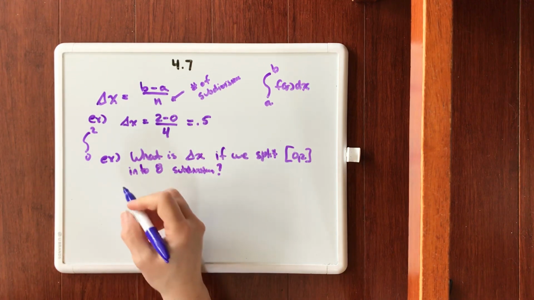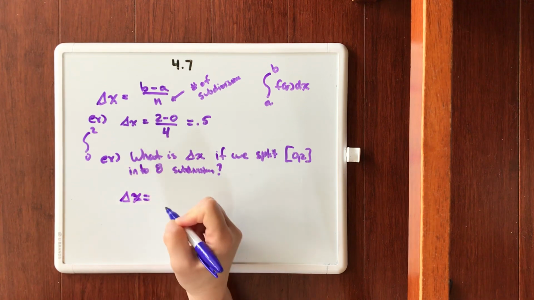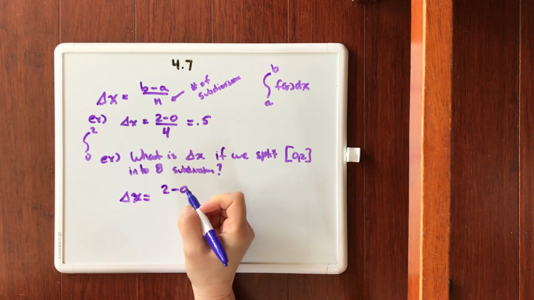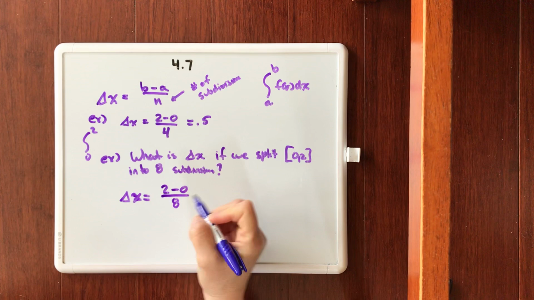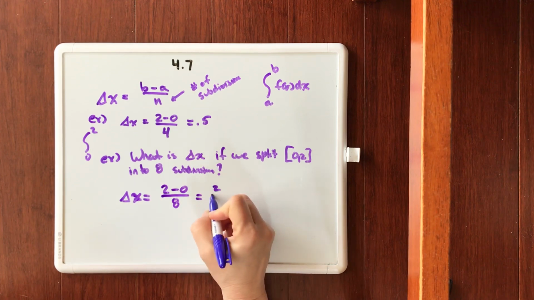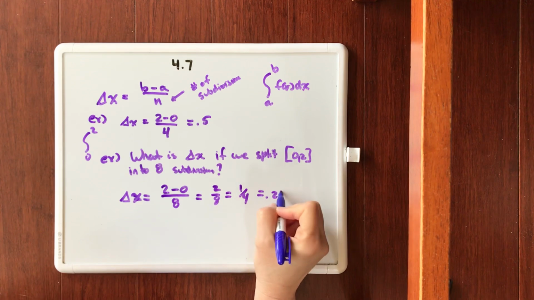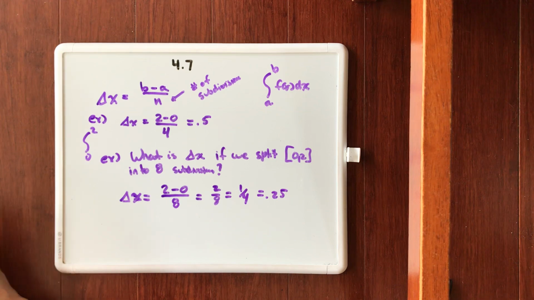Delta x equals 2 minus 0 over 8, which is 2 over 8, is 1/4, 0.25. So you'll need to know how to do that to do your homework, to find your different delta x.